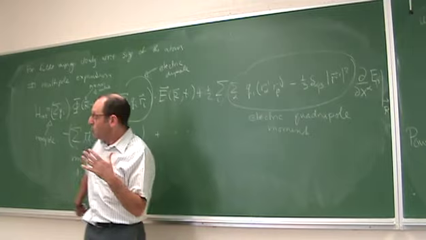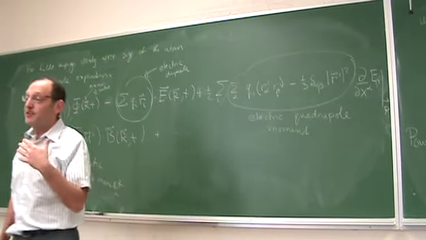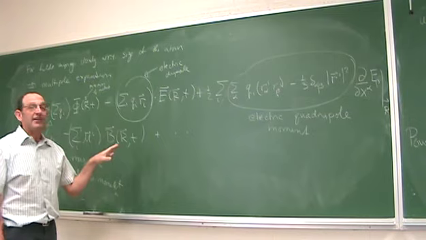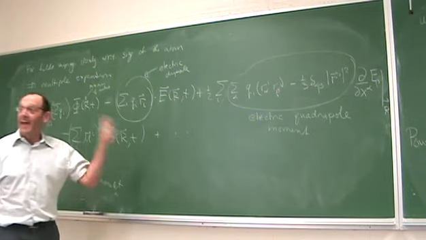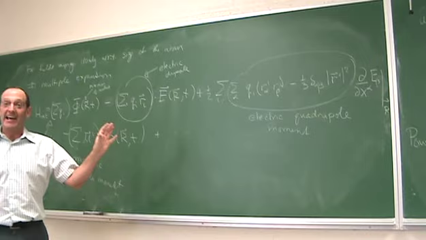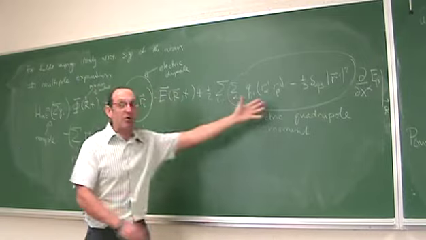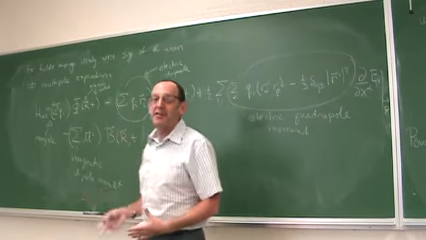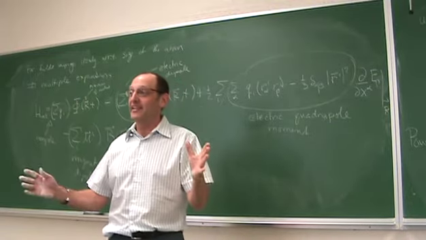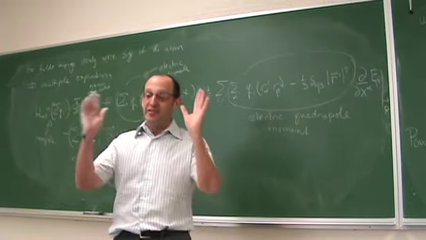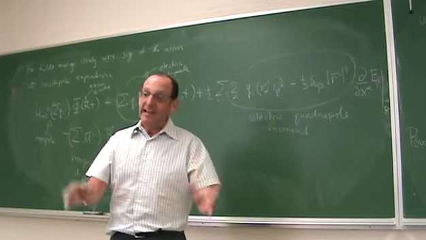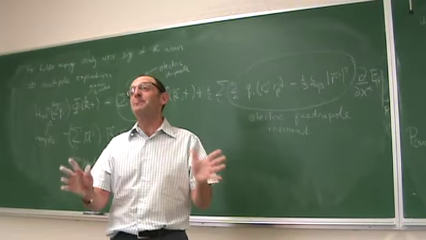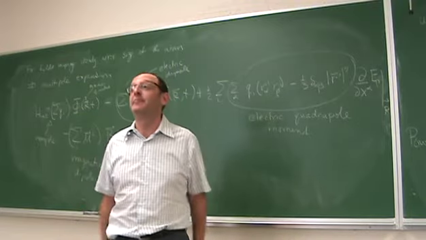What I would urge you to do for next lecture, obviously this kind of description requires us to think about tensors in quantum mechanics, because we've got the quadrupole tensor, we've got vectors. So if you've studied tensors in quantum mechanics and the Wigner-Eckart theorem, now is the time to review that. We'll do it again next time.